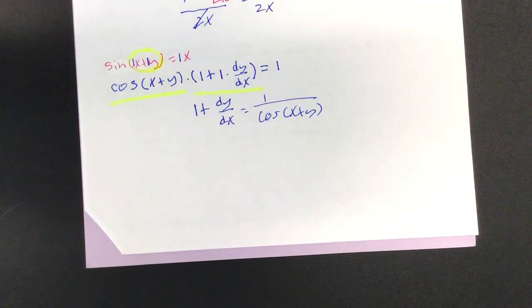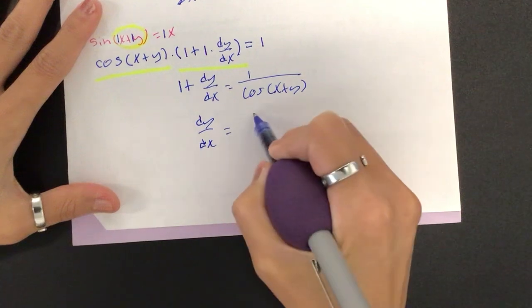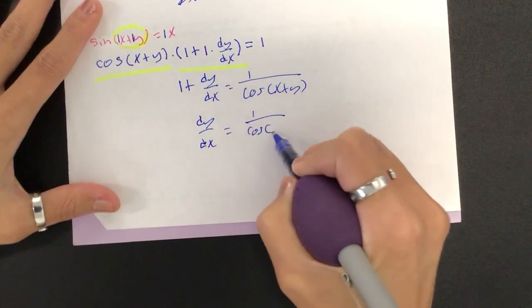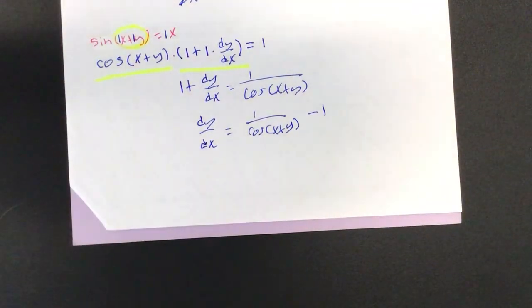Again, that part is algebra concept. And then, is my dy over dx almost by itself? Yeah. How do I move the 1 over? Subtract it. There you go, subtract it. So dy over dx is equal to this fraction, and we have minus 1.